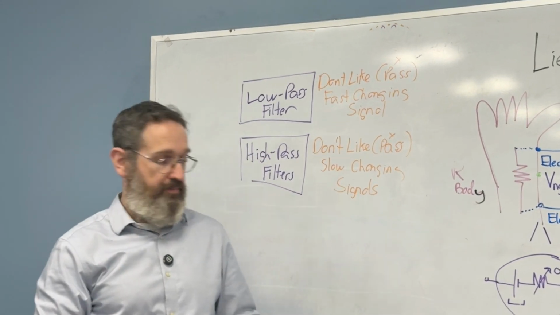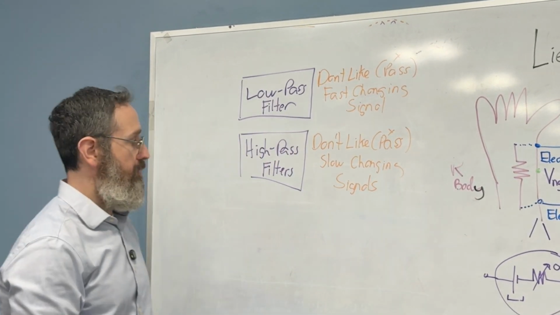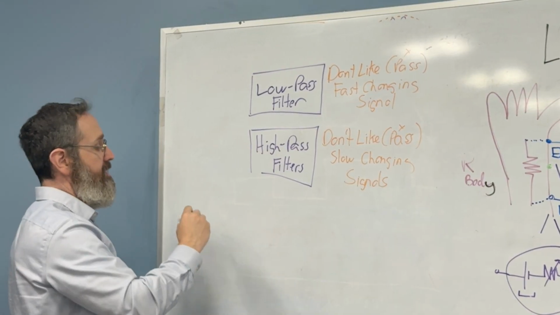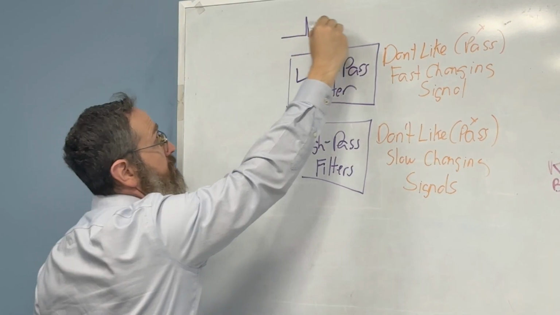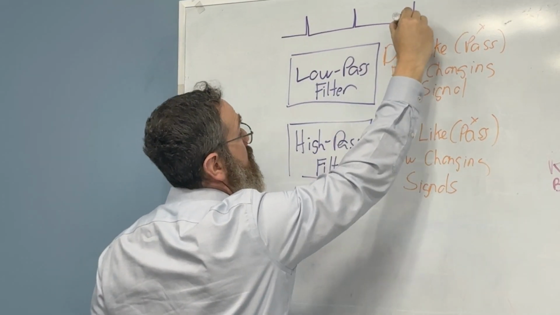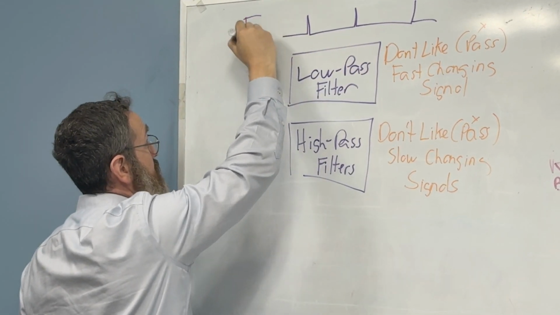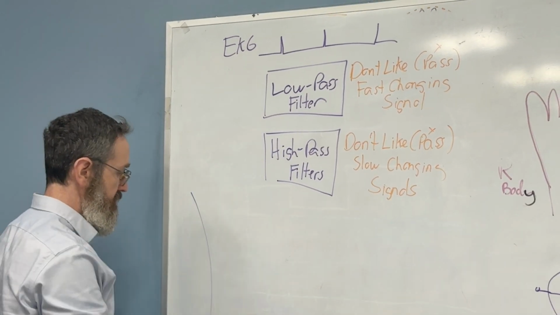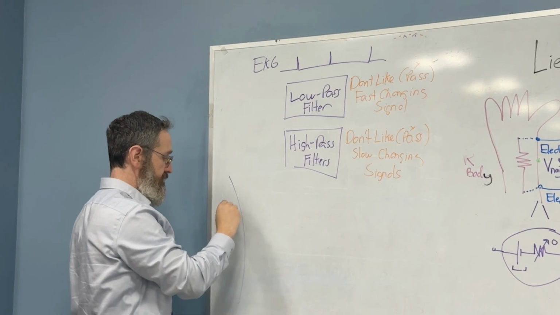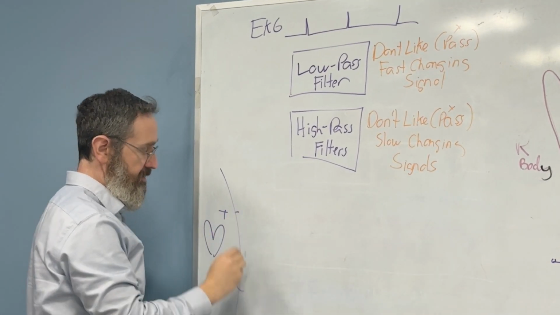Let's think about an example. Let's think about EKG, right? Let's think about in the case of the EKG. Let's say you are collecting, here's the person, right, the heart, but we have noise, right?